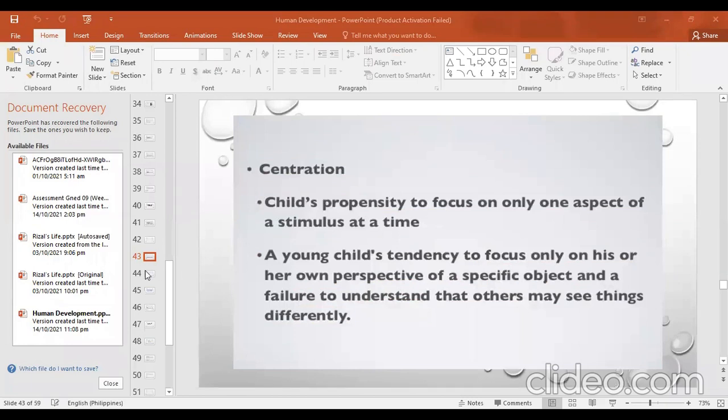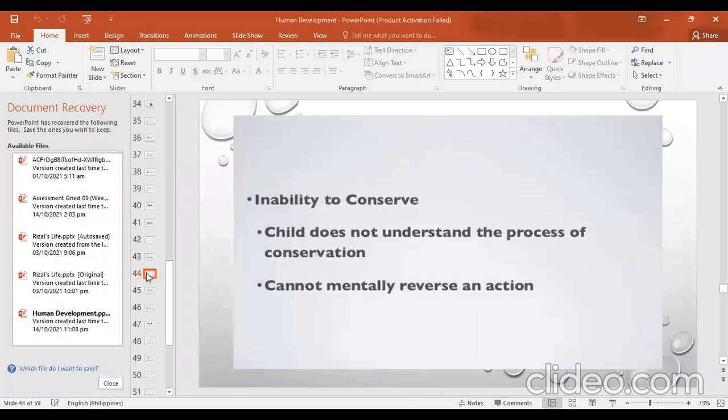So under then ng concept ng pre-operational, we have inability to conserve. Child does not understand the process of conservation, cannot mentally reverse an action. So kung mapapansin natin yung mga bata, ano, hindi pa nila totally alam kung ano yung tama sa mali. Okay? Like, okay, try to do this siguro at home.